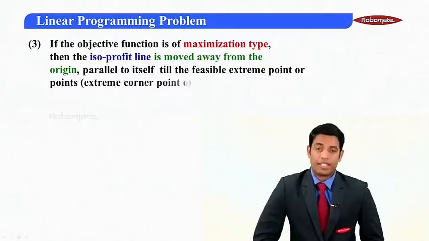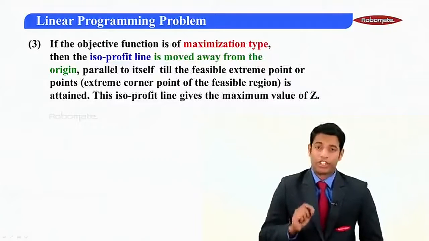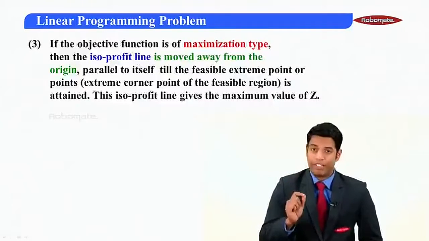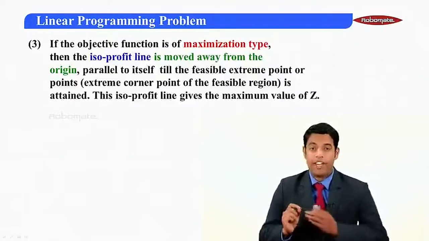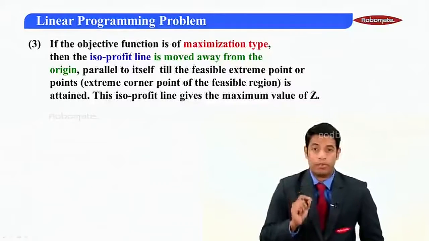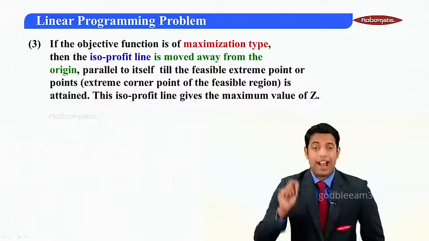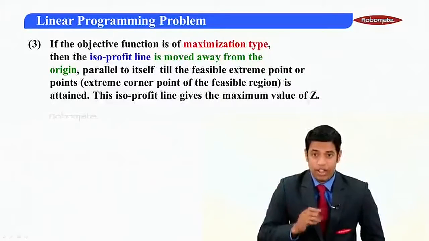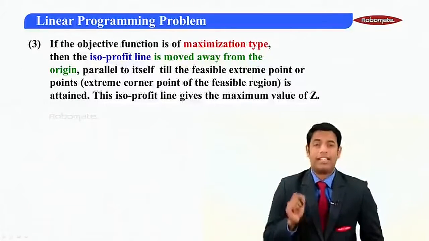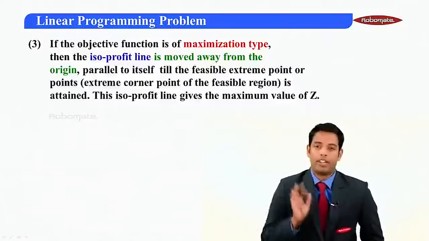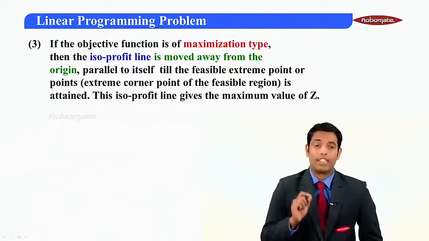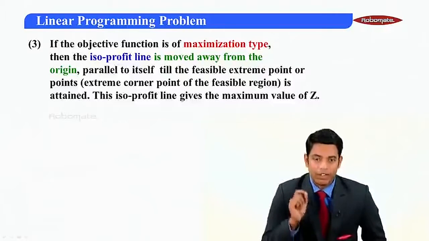Third step says that if the objective function is of maximization type, then the isoprofit line is moved away from the origin. Remember, whenever the problem is of maximization, the isoprofit line is moved away from the origin, parallel to itself, till the extreme feasible point is attained. That is, the isoprofit line will always give us the maximum value of z.